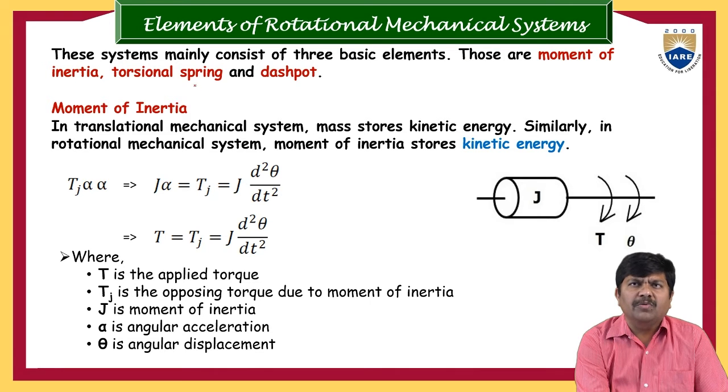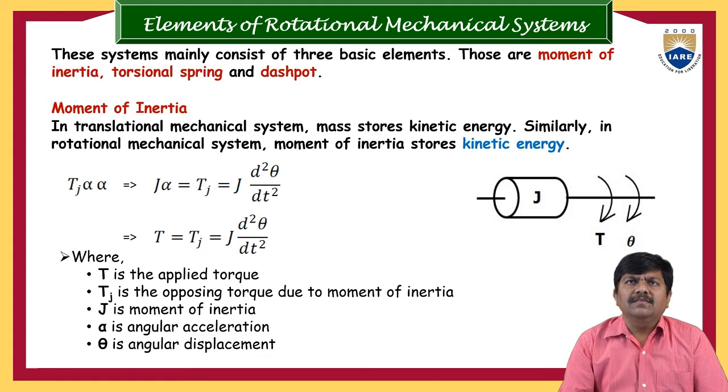The same letter K is used to represent the spring, and the dashpot also uses its letter, in some cases capital D. These are the symbols used to represent the elements of rotational mechanical systems.